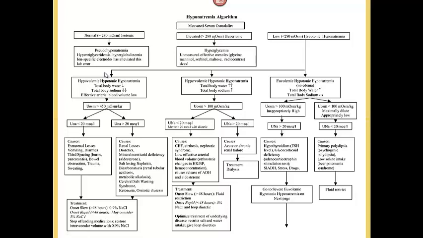The patient may be hypovolemic or dehydrated, hypervolemic or volume overloaded, or euvolemic, meaning normal water content in plasma. So if the patient has hyponatremia and the osmolality is low, first, is the patient euvolemic? If the patient is euvolemic, the next parameter is the urine sodium content.